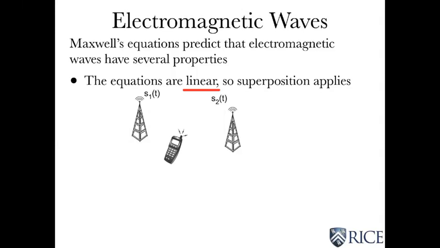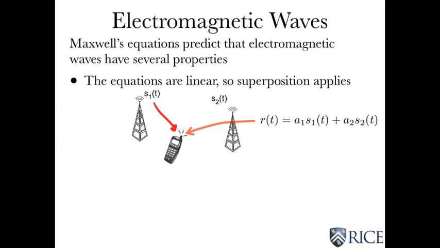So the idea is that suppose there are two transmitters, one sending a signal S1, another one sending signal S2, and they're coming out of these two antennas. And here we have our cell phone sitting down here. What that antenna gets on the cell phone is both signals, and it looks like superposition. Now it could turn out that the transmitter sending signal 1 is what the person using this cell phone really cares about.